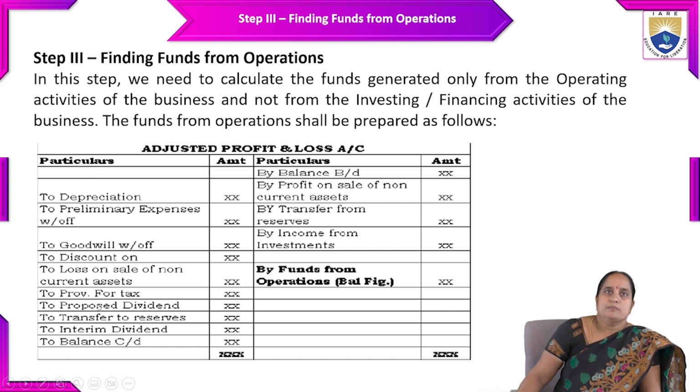So, first column is the particulars column, next column amount. So we have two sides, debit and credit. So particulars, again amount.